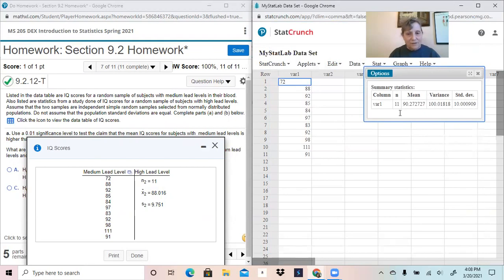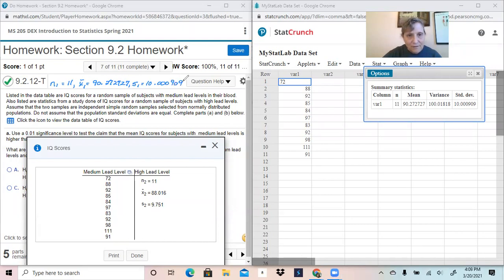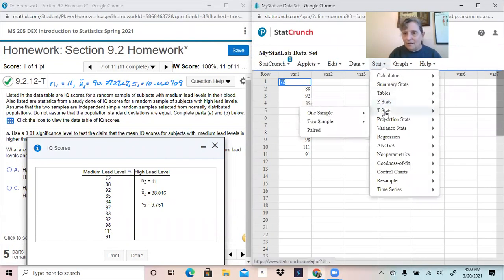So we have, let me write this down, n1 is 11, x bar 1 is 90.272727, s1, the standard deviation, is 10.000909.